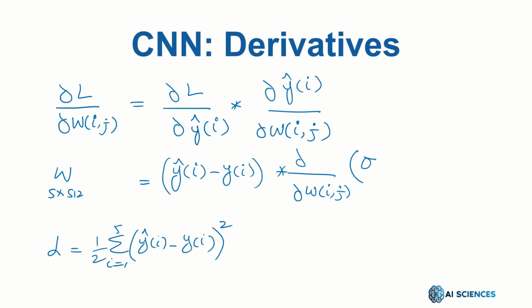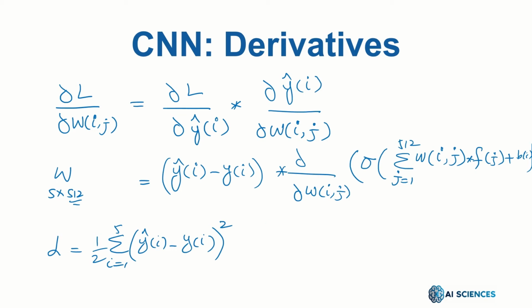This is actually the sigmoid of the sum with j varying from 1 to 512, that's the size of this w, and then we have wij into fj. Remember, this f was a long thin vector of 512 entries, and that number plus the bias at this particular location. So that's the sigmoid of that.